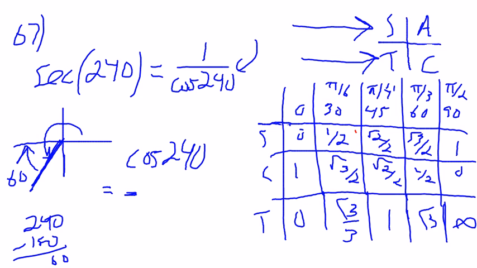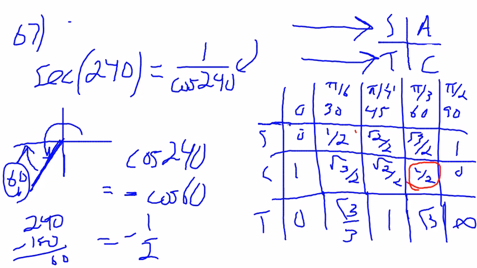I also know that the reference angle is 60, so I know that's equal to negative cosine of 60. So I'm going to look at the box. Cosine 60 is 1/2. So that's equal to negative 1/2.